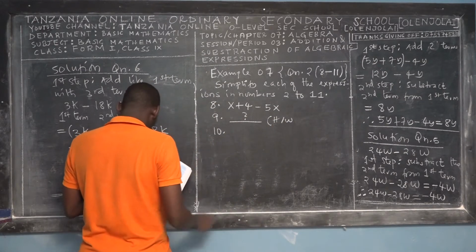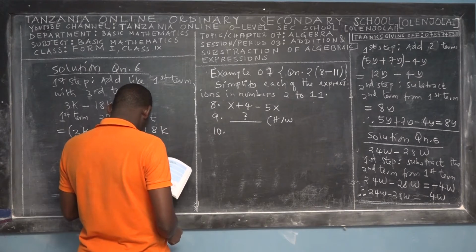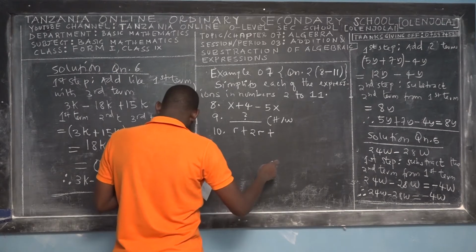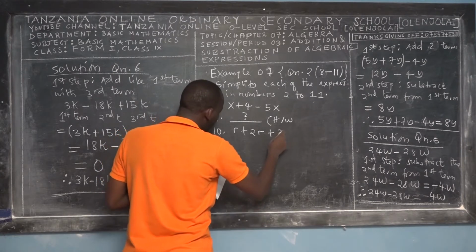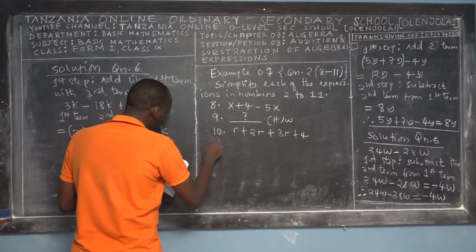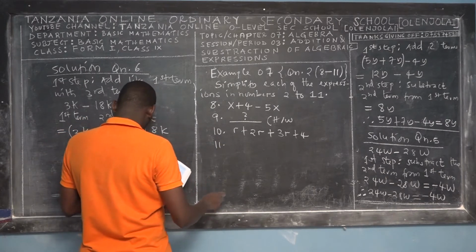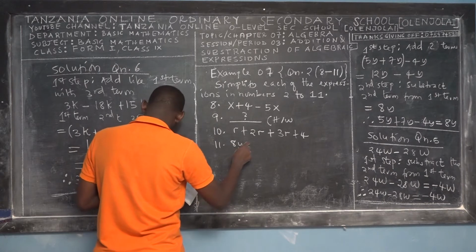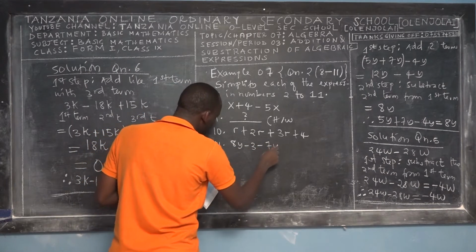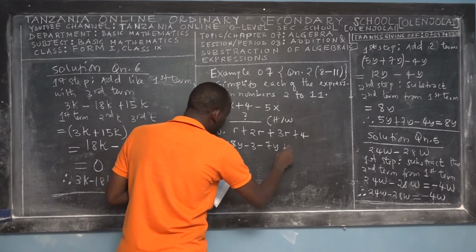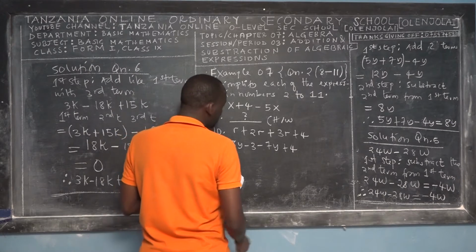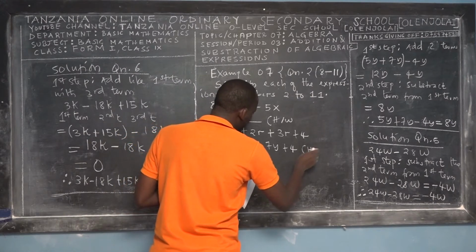Then we go to number 10, which is r plus 2r plus 3r plus 4. Then number 11 is 8y minus 3 minus 7y, and then plus 4. So this one will also be homework.